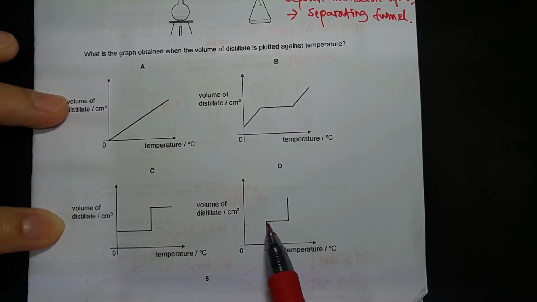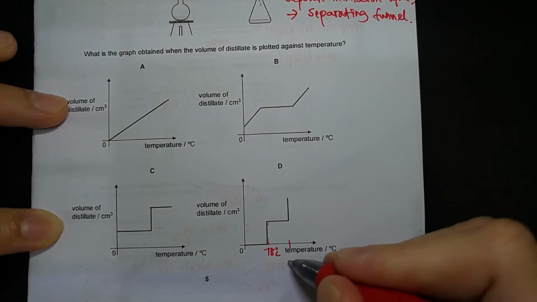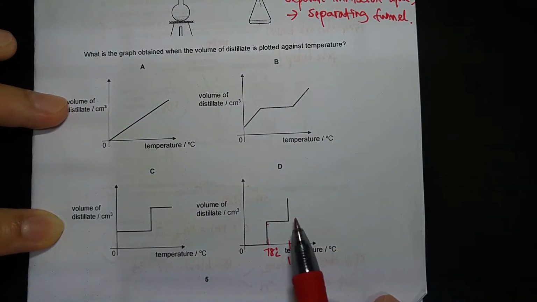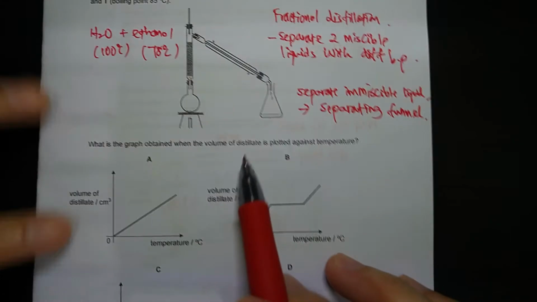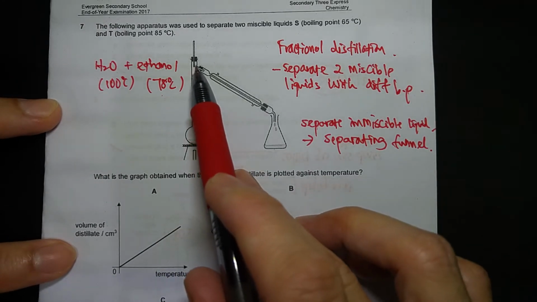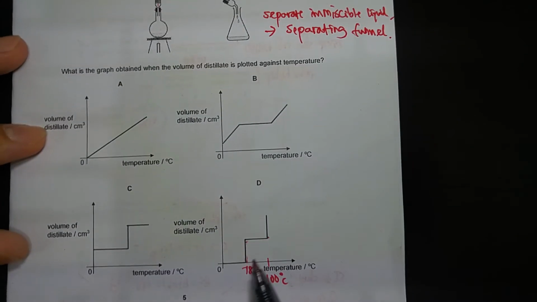Then after 78 degrees Celsius, in between 78 and 100 degrees Celsius, the volume of the distillate will stay constant. See, this one is not rising, so it will stay constant until it is 100 degrees Celsius. That is when the water vapor will be able to pass through the glass beads and get condensed at the condenser and get collected as distillate here.